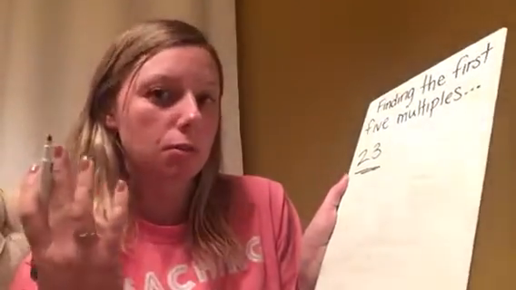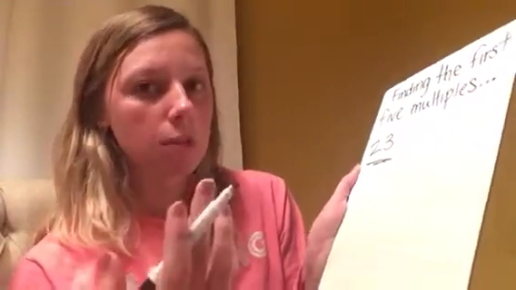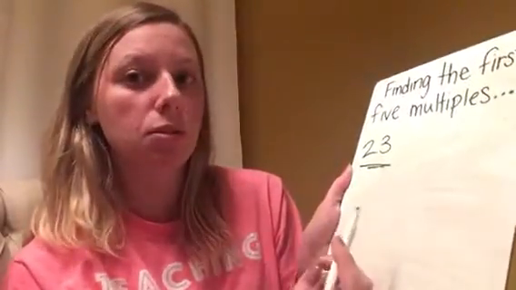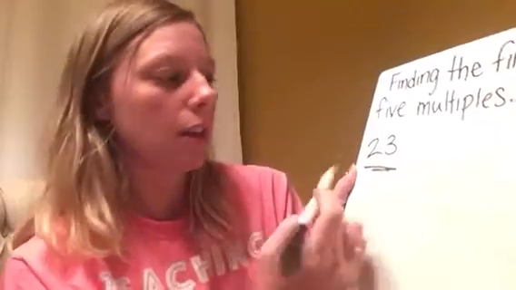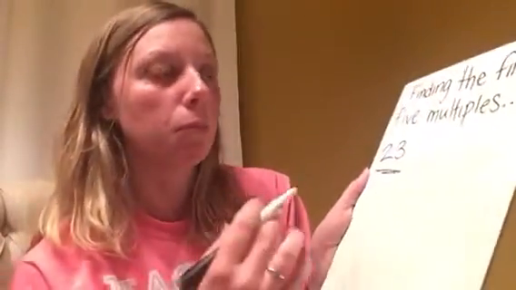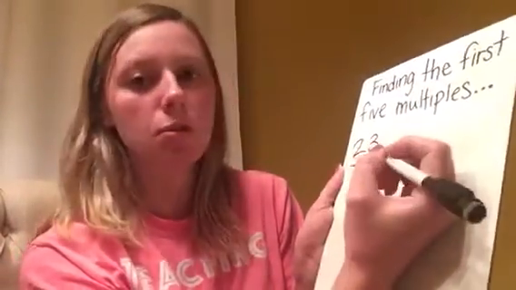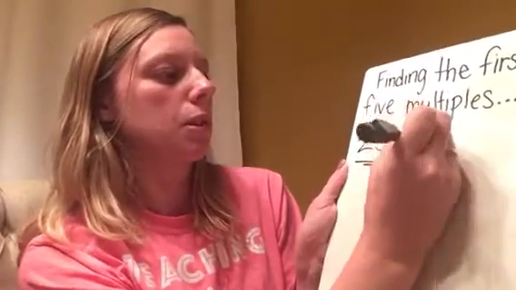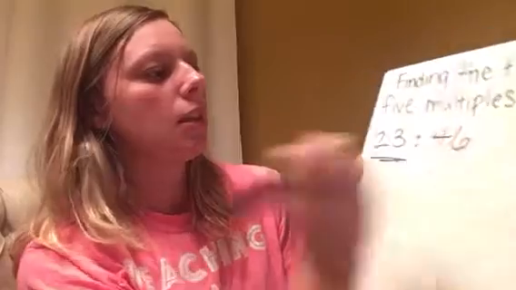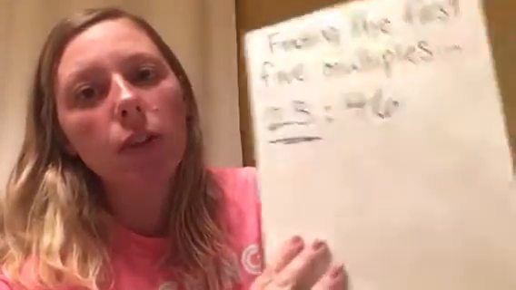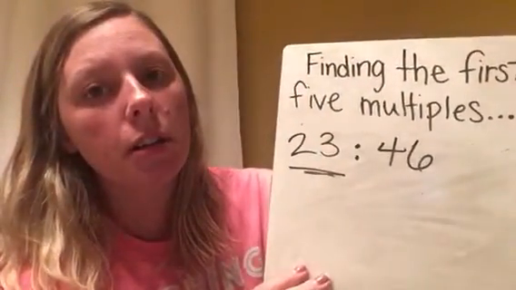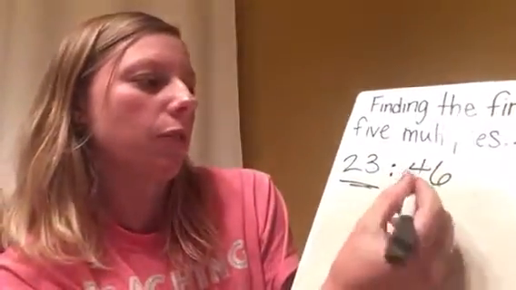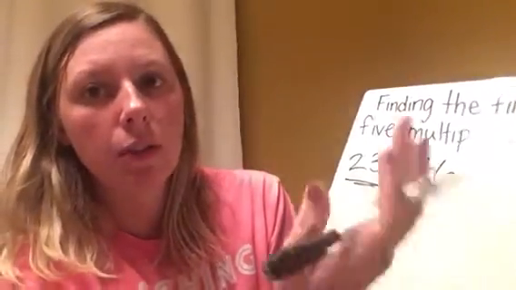You might be able to do 23 times 2 in your head. Hopefully, if you think about 20 times 2 is 40, and 3 times 2 is 6, so you would say, okay, 23 times 2 is 46. So the first one would be 46. Now, after this, you can either keep adding 23, so you could say 46 plus 23, and that would give you your next multiple.